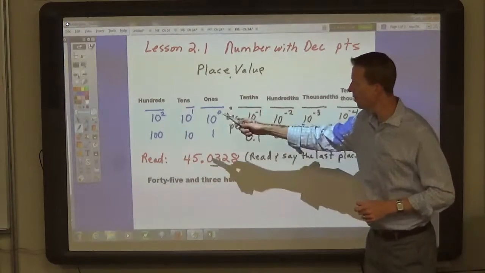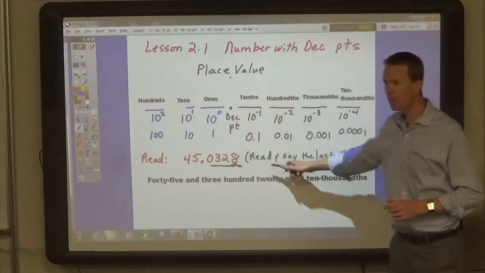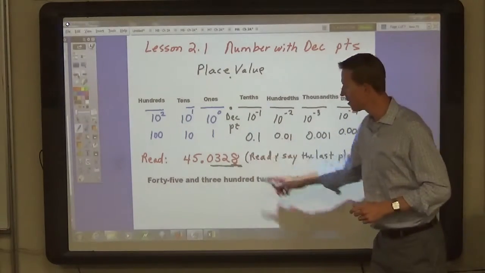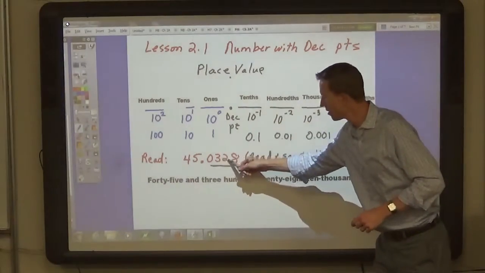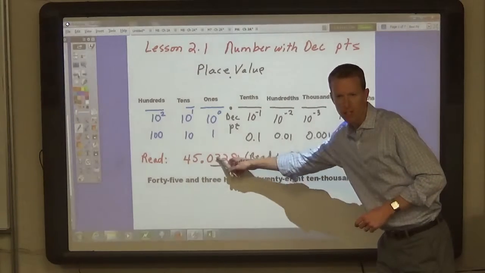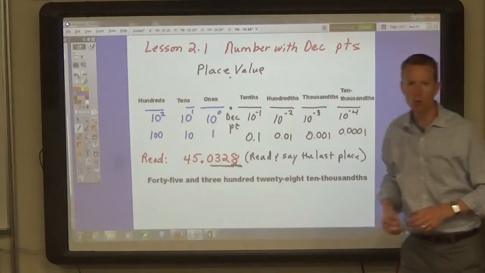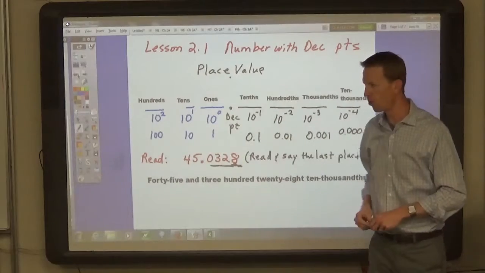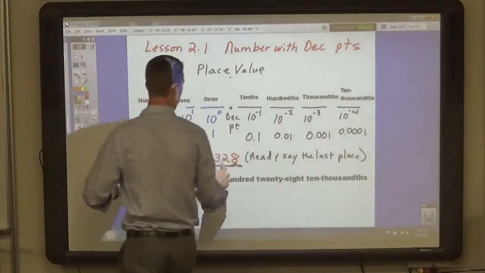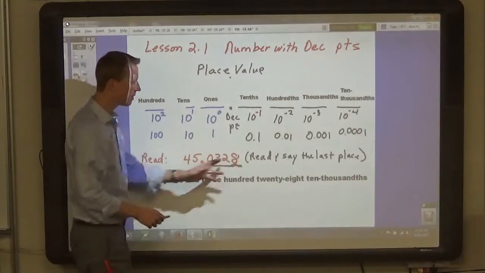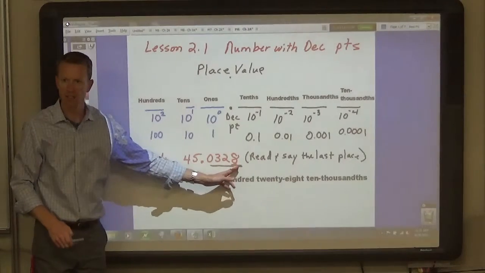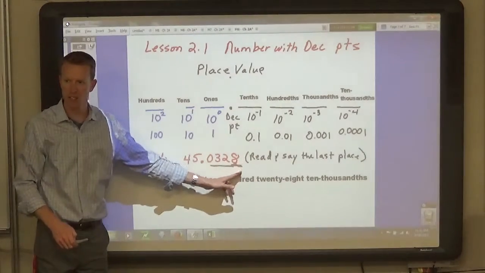So in the place value, when you're reading numbers that are behind the decimal point, you read the numbers every 3, just like you would if they're on the left side of the decimal point. You read this number and then say the place of the last decimal place, or of the last digit.